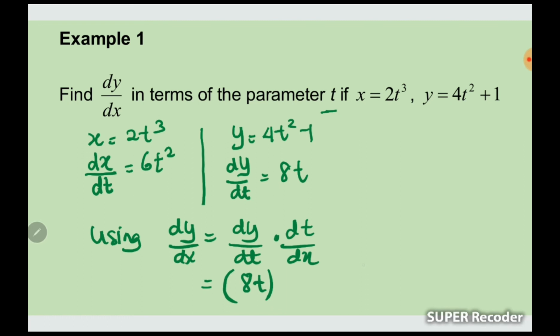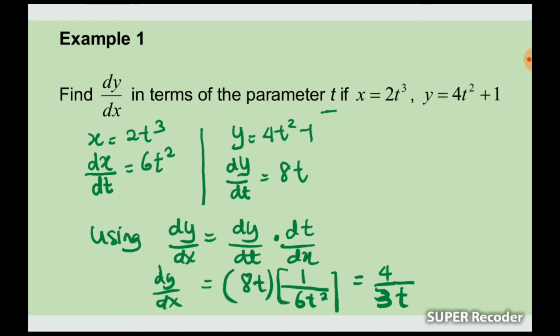What is dt/dx? It is 1 over 6t squared. So simplify the term, you will get 4 over 3t. This is the value for dy/dx. Okay, thank you.